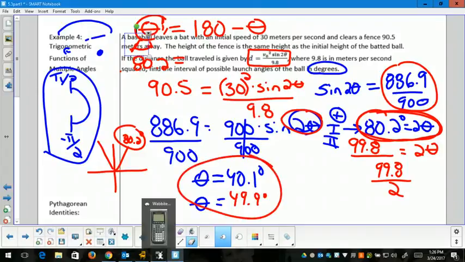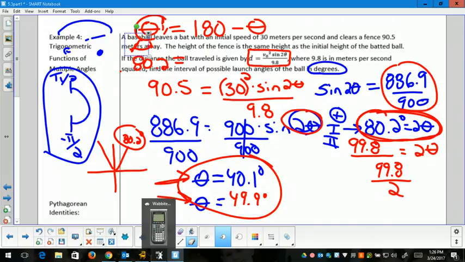So there are my 2 answers. And arguably, if one's on the minimum end and one's on the maximum end, for it to meet the parameters of the problem, it could be anywhere within the range of 40.1 degrees to 49.9 degrees. But those are the exact values that work for this equation.